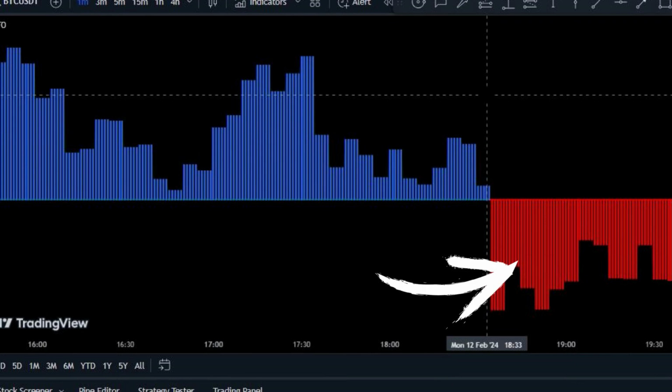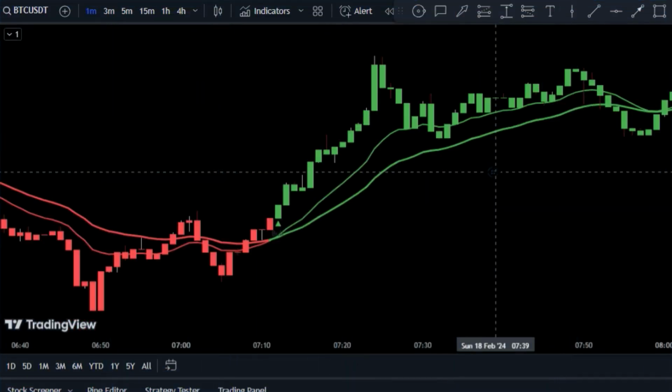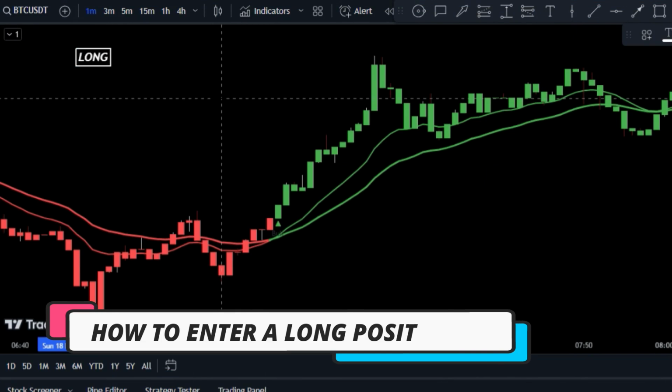Now that you understand the potential of our two indicators, it's time to learn how they can work together to strengthen your trading signals. When the indicators align, your trading decisions will be backed by increased confidence. Consider this example. To enter a long position, begin by waiting for a long signal from the TraderXO Macro Trend Scanner.